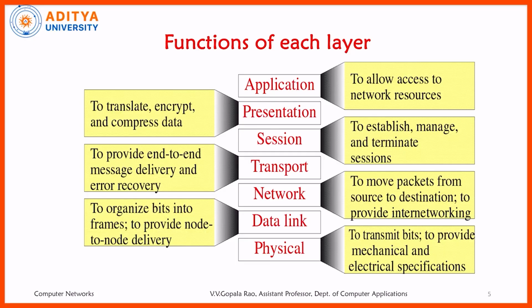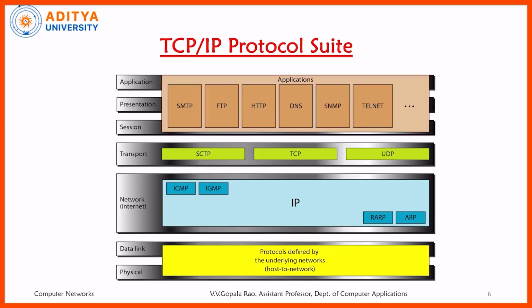But later, on second thought, people redesigned the OSI model into a different model called the TCP/IP protocol suite. TCP/IP stands for transmission control protocol/internet protocol suite. Why is it called a suite? Because all the necessary protocols are available in this overall structure.